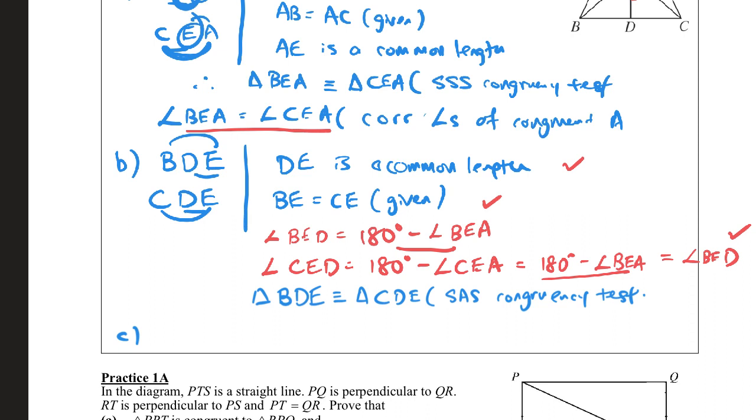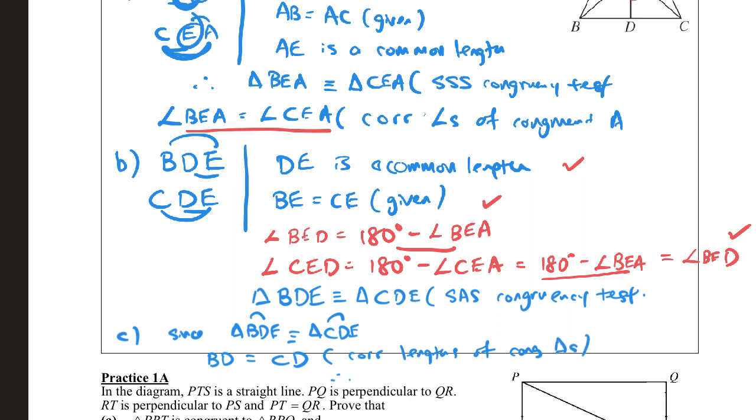So, given this fact already, I know triangle BDE and triangle CDE are congruent. Therefore, I know that BD and CD must be equal because they are corresponding lengths of congruent triangles.